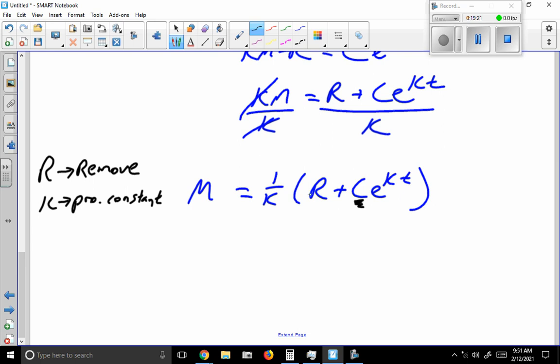So r is something that's most likely going to be given. You're going to be told how much you're removing from the pond per year. c and k are things we would need to find. So since we have two different unknowns, we would need two different data points in order to find those.